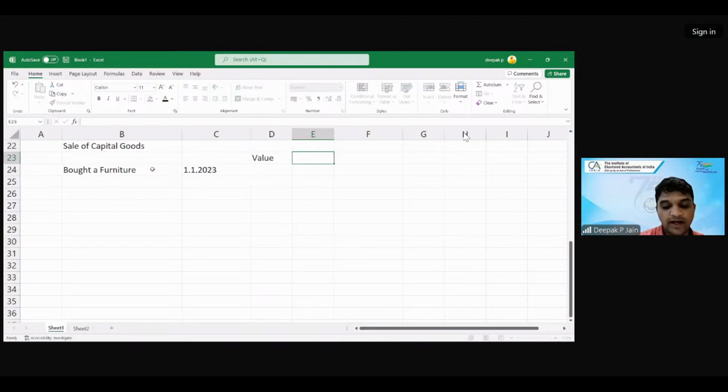Value and ITC what you have claimed: you have bought an asset for 1 lakh rupees and ITC is at 18%, so you have claimed ITC of 18,000.